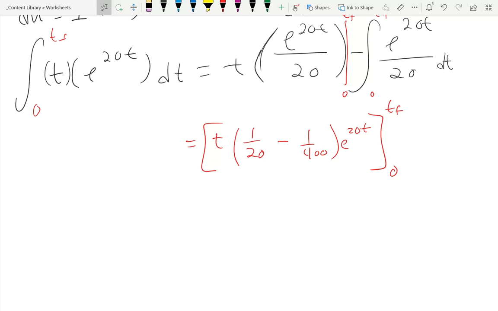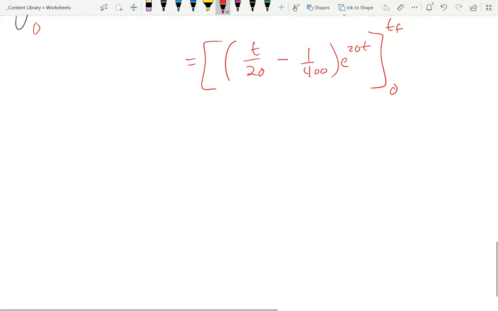Except I made a mistake. Of course I made a mistake. The t was only multiplied by the front term, not by the second one. So now we put in our limits.